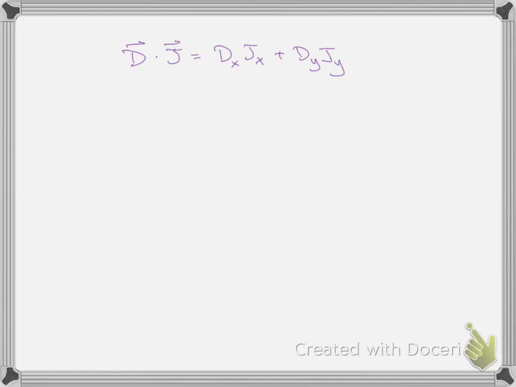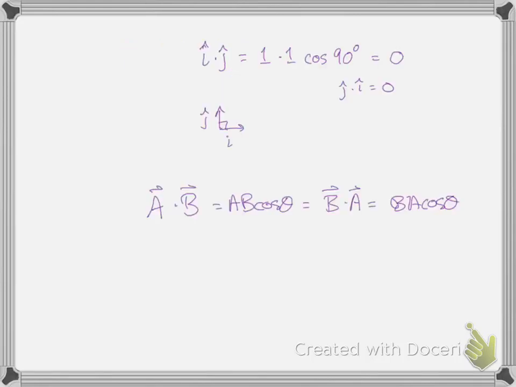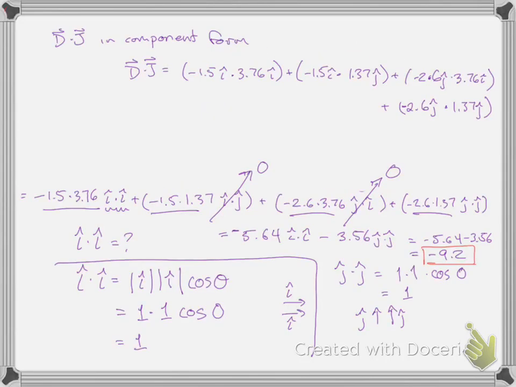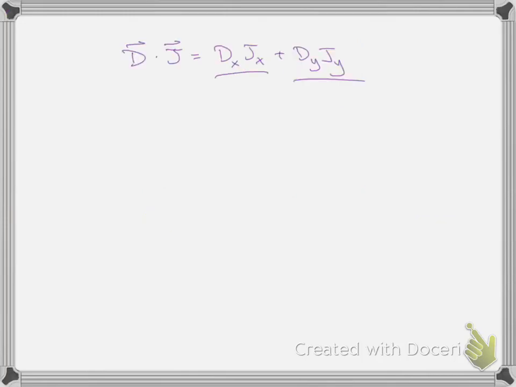It's just the x components, that's a scalar quantity, and the y components, and we added them together. So when you're given vectors in components, it's very simple: take the x components, multiply them together, add them to the y components, multiplied together. If there's a z component, it's going to be the z components multiplied together too.